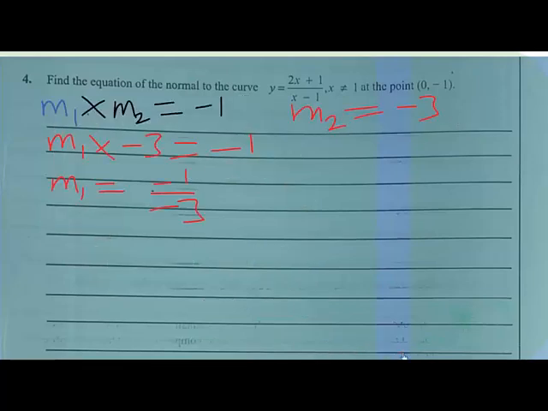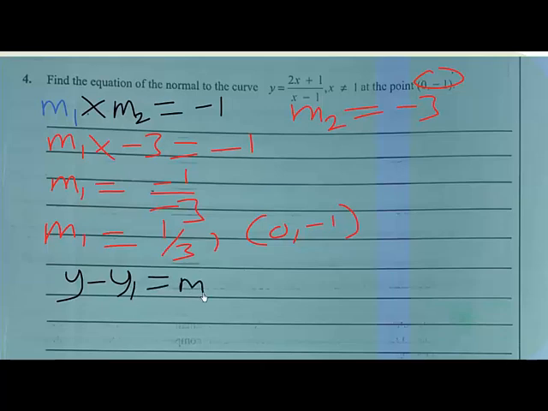So it means the gradient of the normal is now 1/3. So with this gradient and the point (0, -1), we can find the equation of the normal using y minus y1 equals m1 into bracket x minus x1, where our x1 is 0 and our y1 is -1.